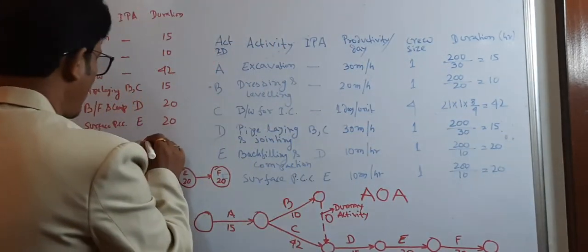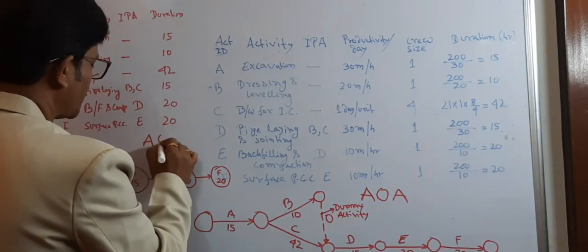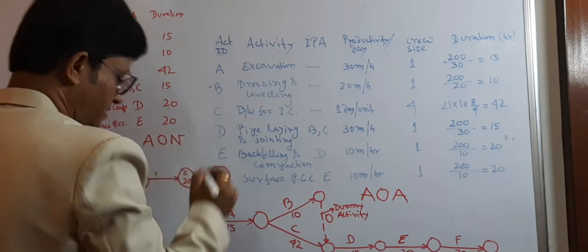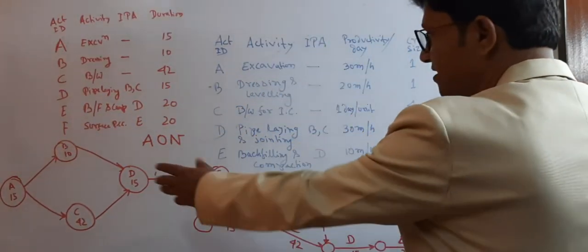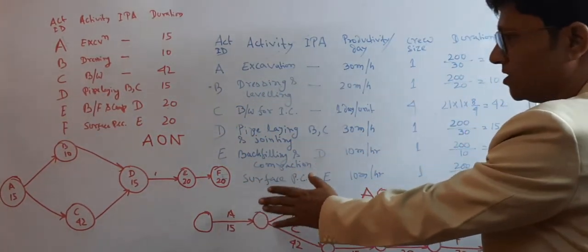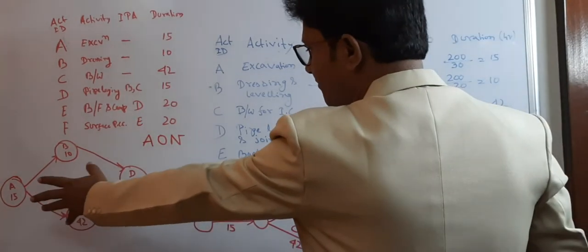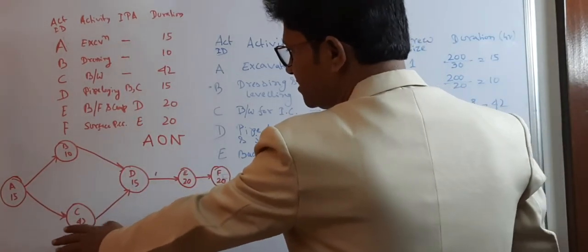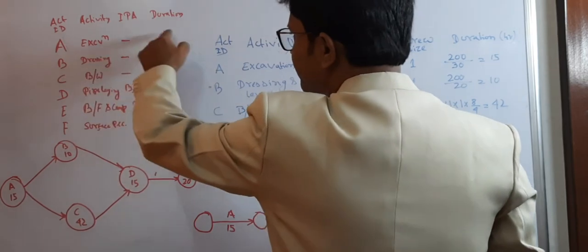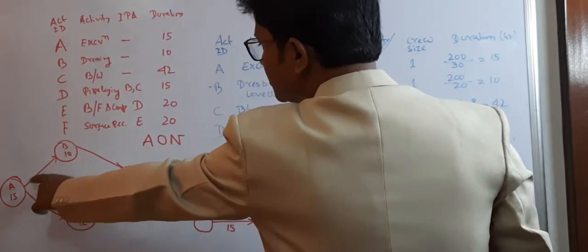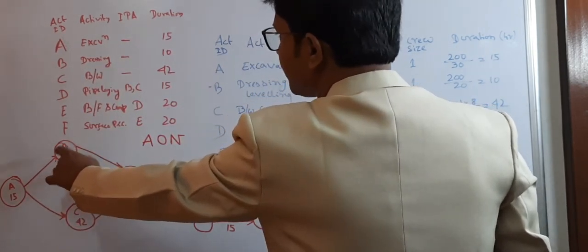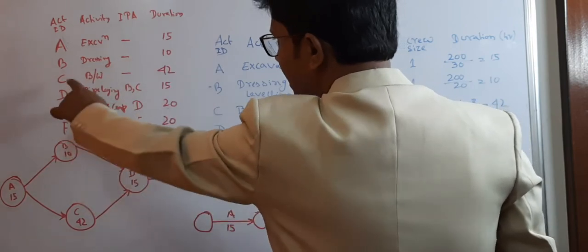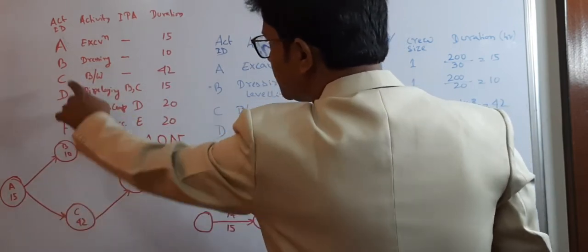So this is actually AON, that is, activity on nodes, and this is very simple. There is no need of introducing any dummy activity. This is activity A of 15 hours duration. This is directly related to activity B of 10 hours, and this is related to C of 42 hours.